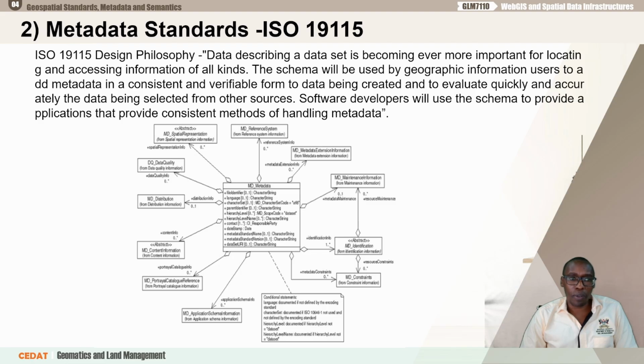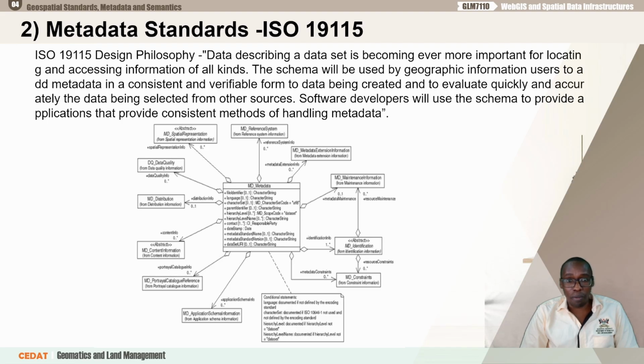In the geospatial domain, we use the ISO 19115 standard for metadata. The design philosophy behind this standard is that we describe data or data sets. If we can describe them, then it becomes very easy for us to access that information.